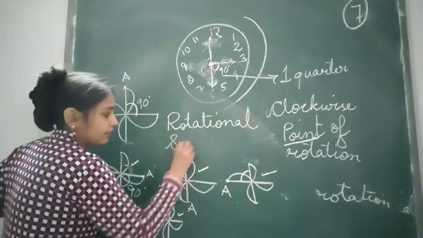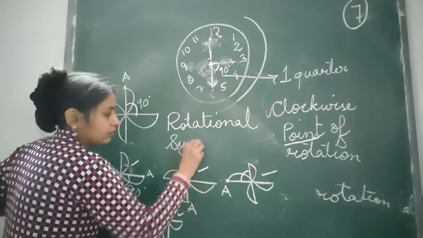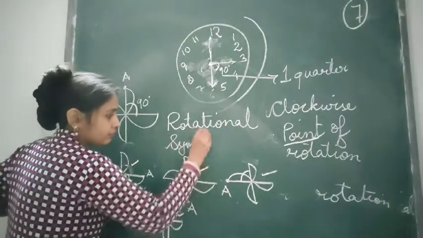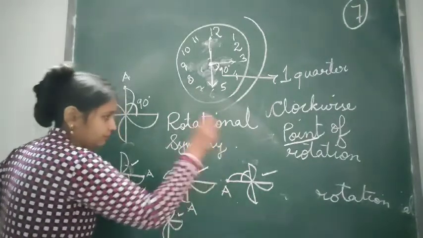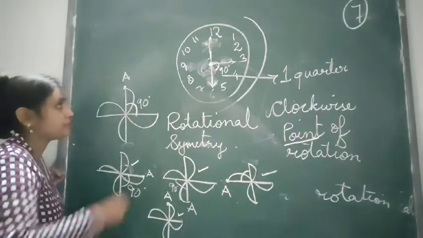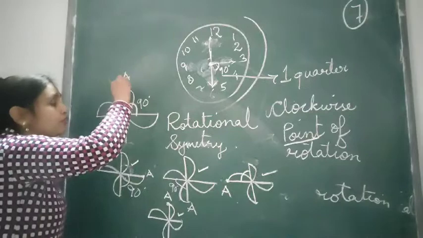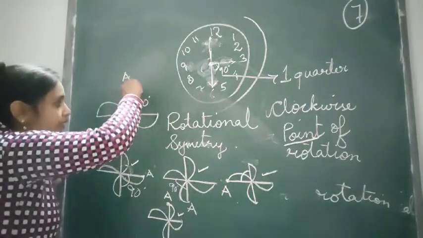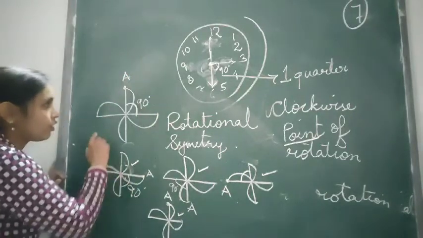Rotational symmetry. That means you shifted this windmill like this, it is moving in this order.